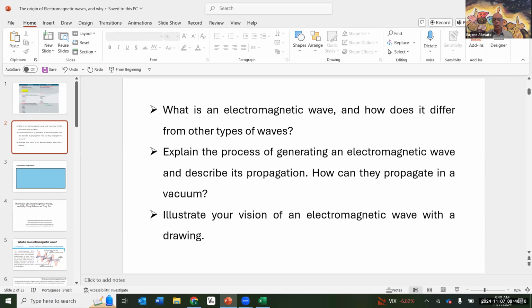Now, let's talk about how the electromagnetic wave is generated, because I think that's the key thing. It is generated by an electric charge. We learned already that a charge has an electric field, right? If the charge is not moving at all, it has an electric field, and that electric field is spread out over the space.